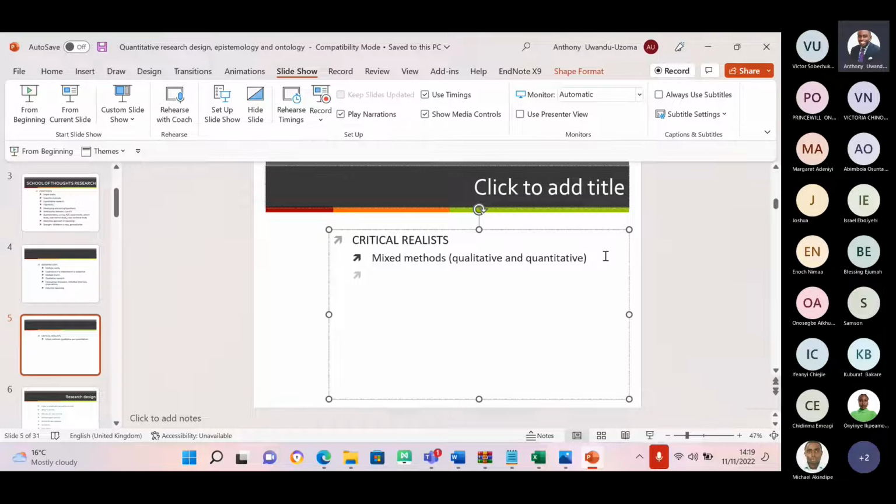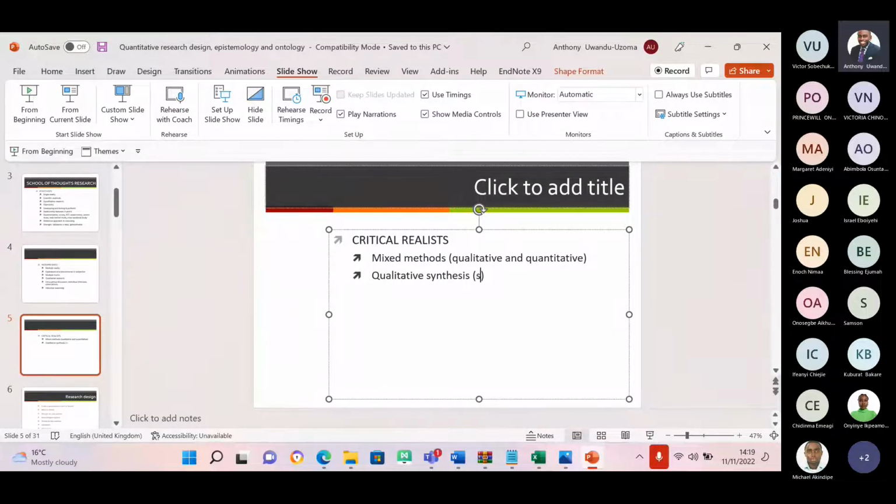Also, if you are doing something like qualitative synthesis, that means you are not doing a primary research, you are doing a secondary research. That means you are not collecting data.